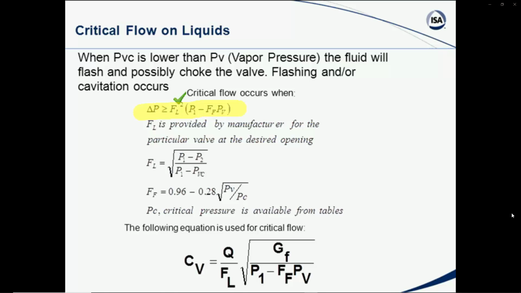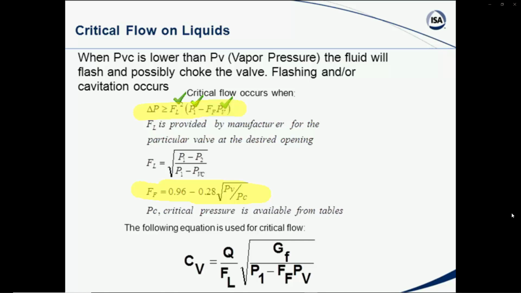You'd like to have that as a high value as you can, but you can check to see if the valve is going to flash, is going to give a problem. It's based on the inlet pressure, also on that vapor pressure, which again is determined by the temperature, and one other factor, which is the critical pressure factor, which is shown here. It can be calculated again based on the vapor pressure and the critical pressure.